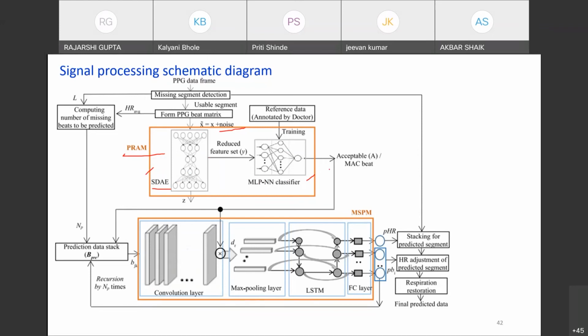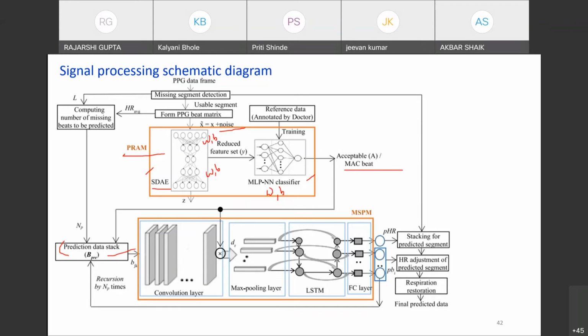That means in a single epoch, the weights and biases of the MLPNN, as well as the weights and biases of the encoding part and the decoder, were changed. Based on that, we categorized the data as acceptable or motion artifact corrupted, which provided a prediction data stack.